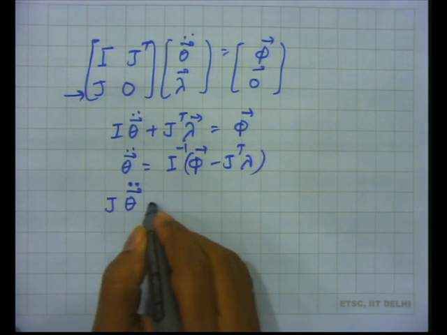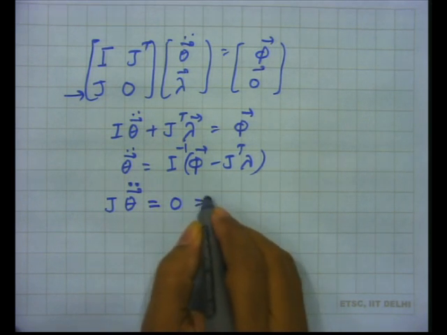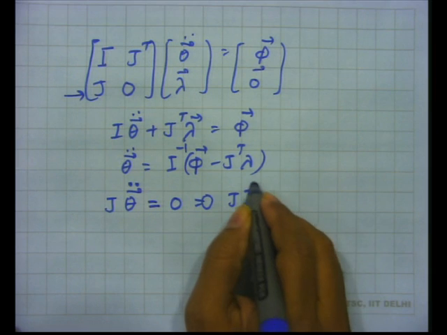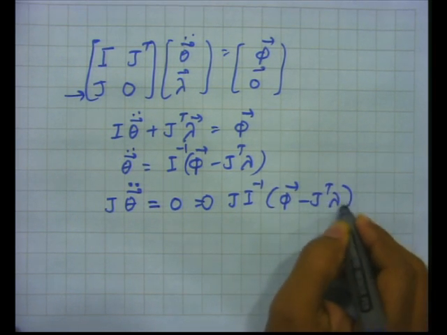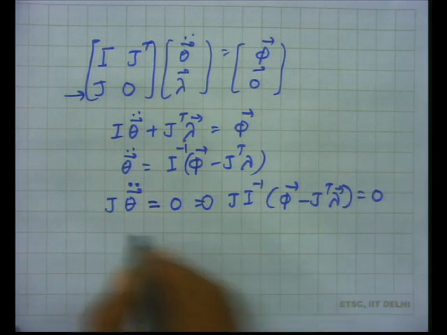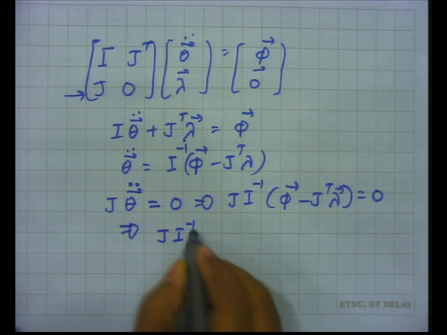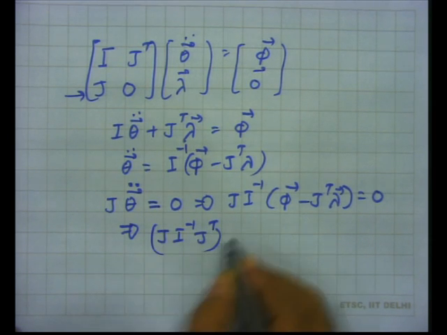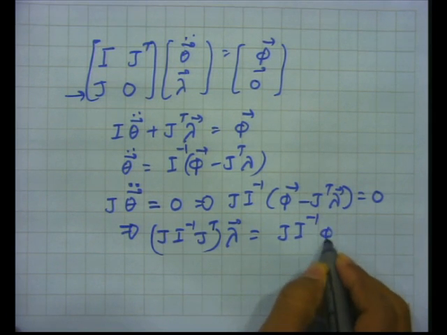Now this theta double dot I put in the second equation. J theta double dot is equal to 0. So, J I inverse (phi minus J transpose lambda) is equal to 0, and from here I calculate J I inverse J transpose lambda is equal to J I inverse phi.